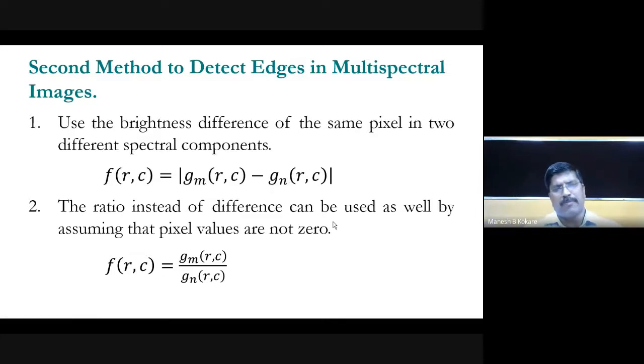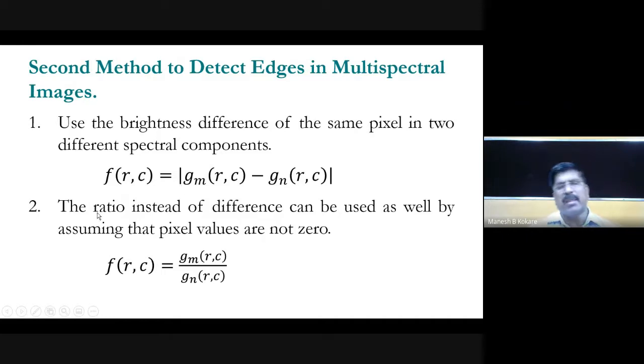For example, you get the difference between the first and second, then whatever value you get, you subtract it from the third, and again like that. Finally you get the resultant image, which is like an edge-detected image. So there are different techniques using all the spectral components.